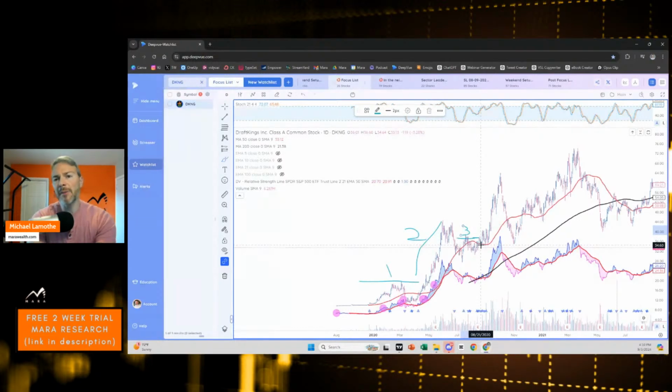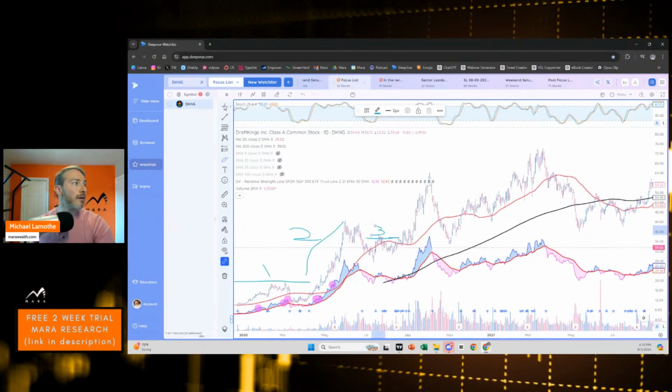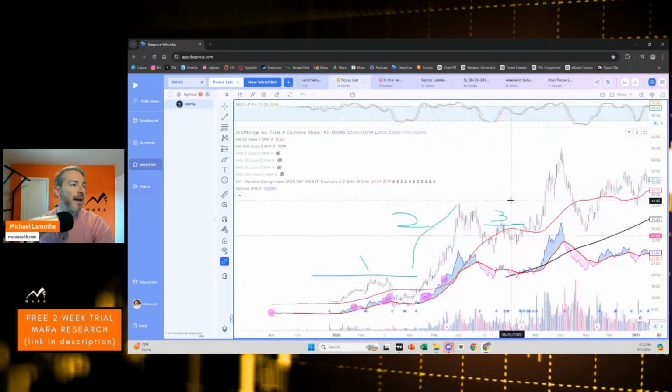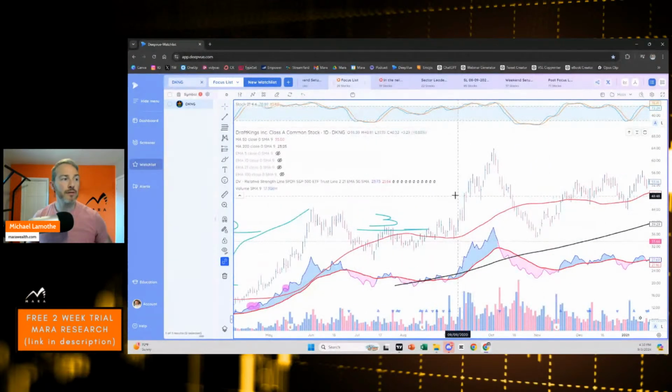And this is where the IBD stuff and the Minervini stuff comes really in handy. And the reason why is because you're not just paying attention to the overall price action or which way the moving averages are going, you're also taking a very close look at the behavior of the price action.